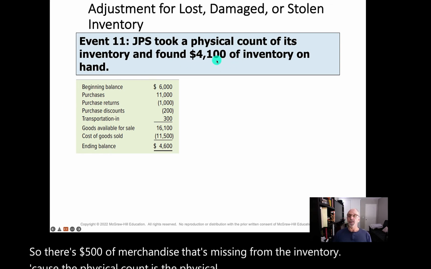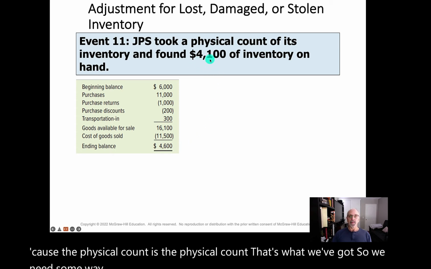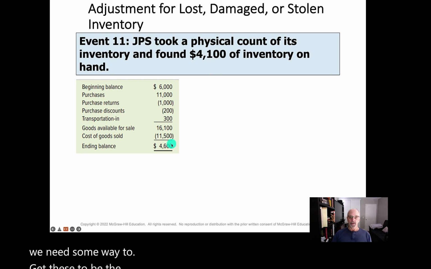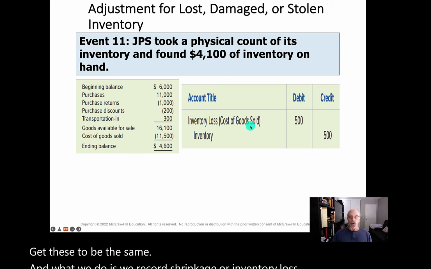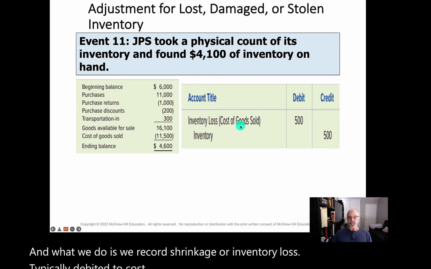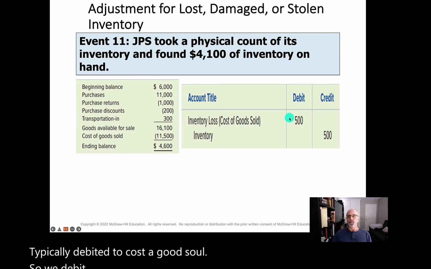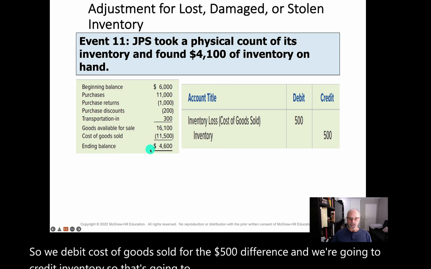That's what we've got. So we need some way to get these to be the same. And what we do is we record shrinkage or inventory loss, typically debited to cost of goods sold. So we debit cost of goods sold for the $500 difference, and we're going to credit inventory. So that's going to bring this down to $4,100.